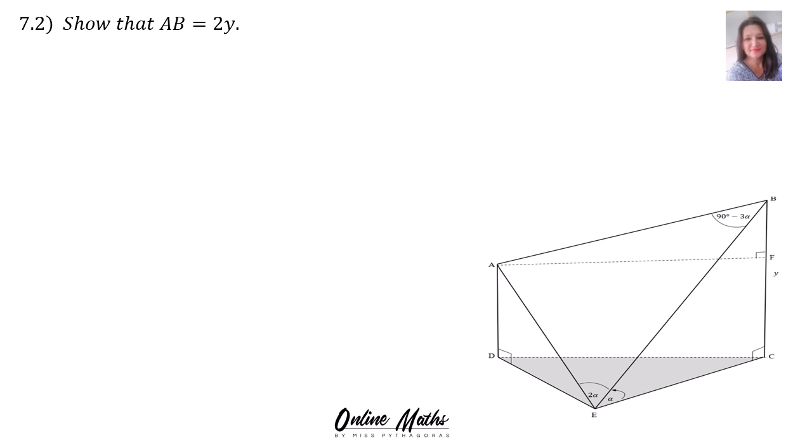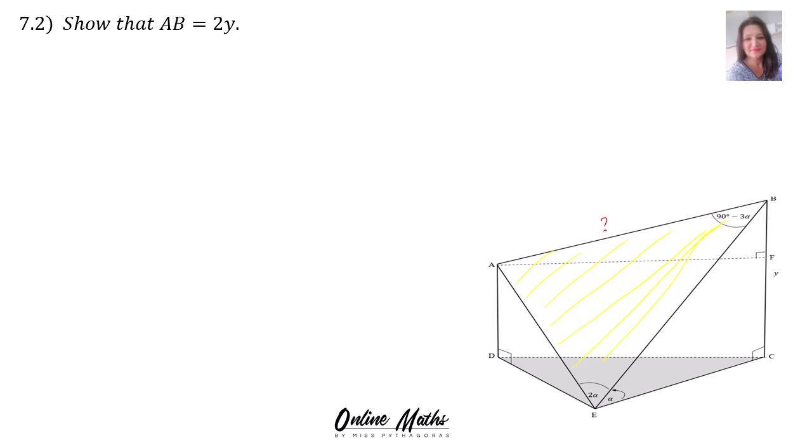Question 2 says, show that AB is equal to 2y. So where do we find AB? AB is this side over there, and that side belongs to this yellow triangle. This is the invisible triangle. It's not a right angle triangle.